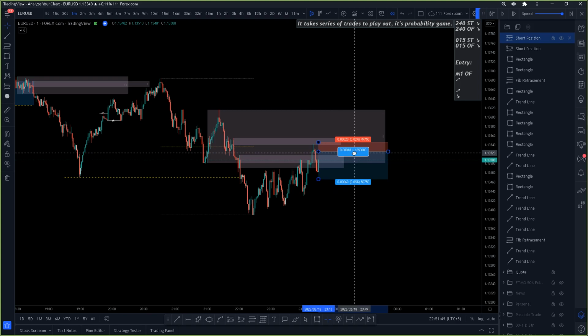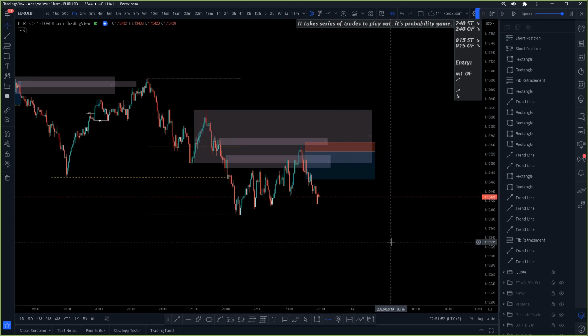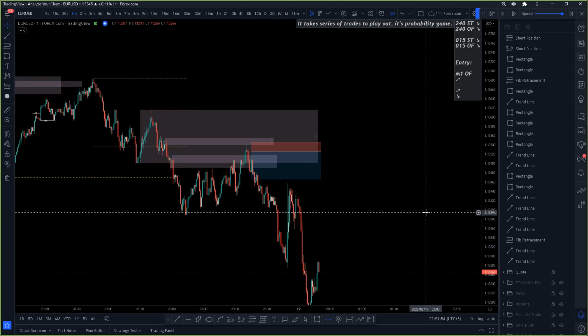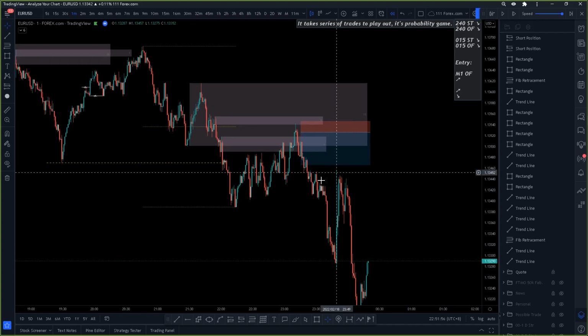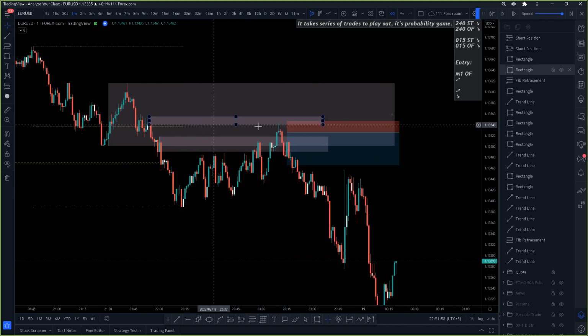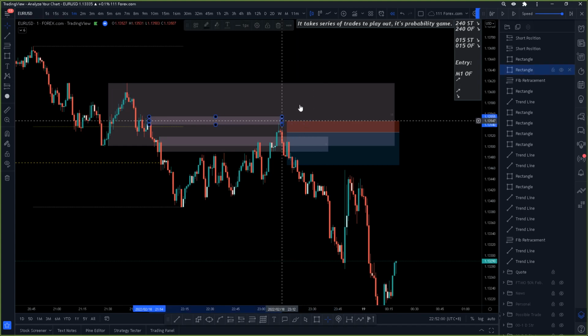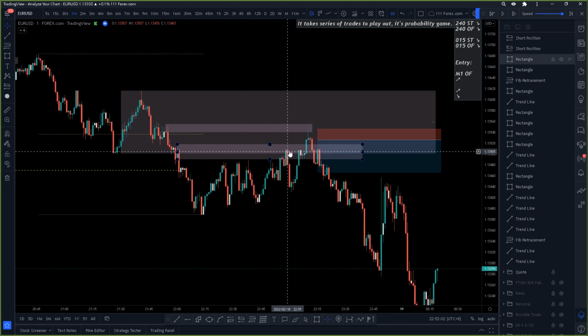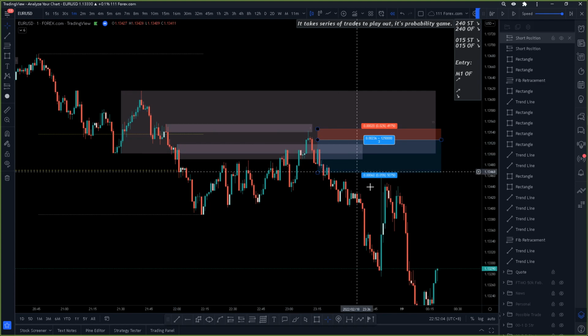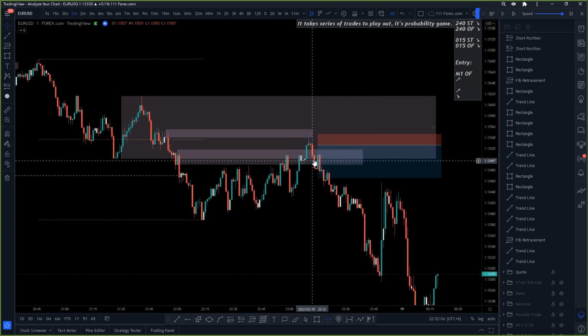So when it taps into there. No, it didn't tap. Sick. Sick entry. I do sell. It just reacts from this area.